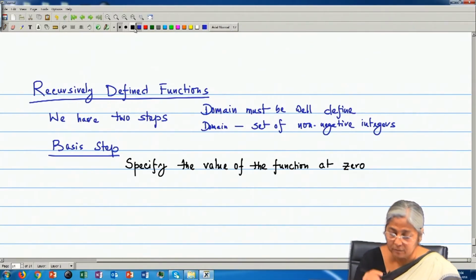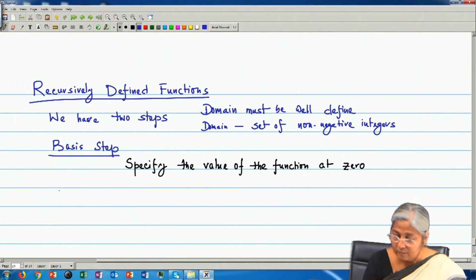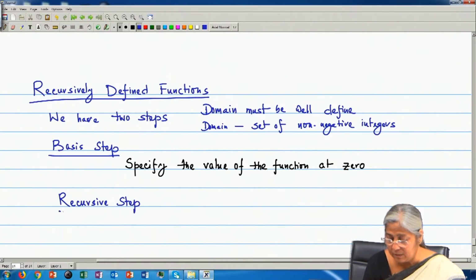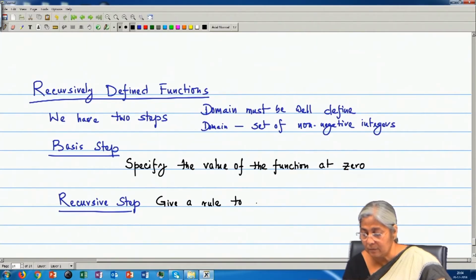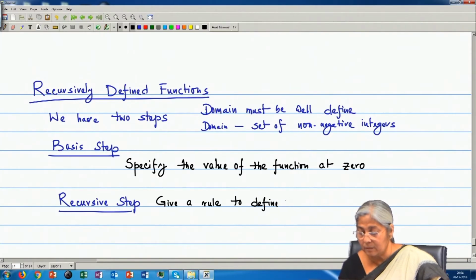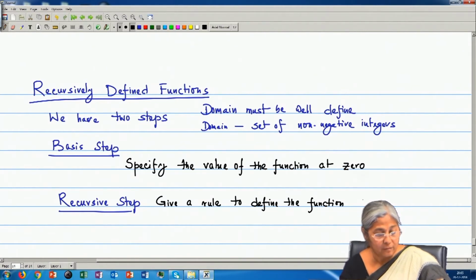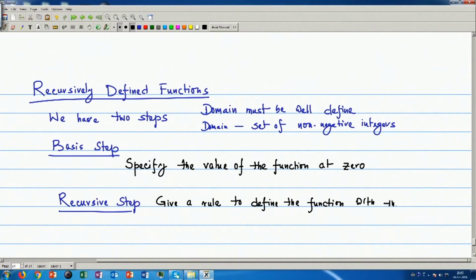Now, the recursive step. This is very similar to our inductive step, that we give a rule to define the function with the set of non-negative integers as the domain.